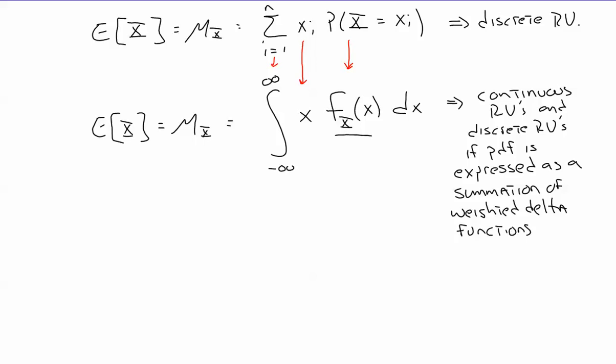When we first introduced probability density functions, and we looked at the probability density function for the random variable equal to the sum of spots up when I tossed 2 fair dice, we ended up with a PDF that was a summation of delta functions with a bunch of weighting values in front of it. In any event, this is the most general way for calculating the mean value of a random variable.